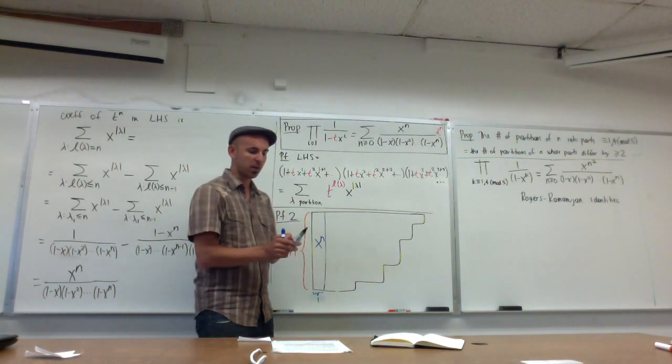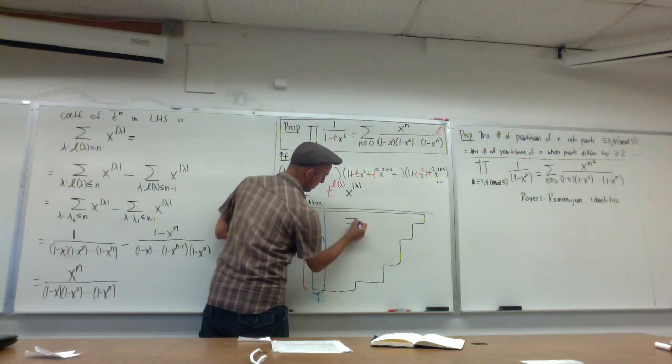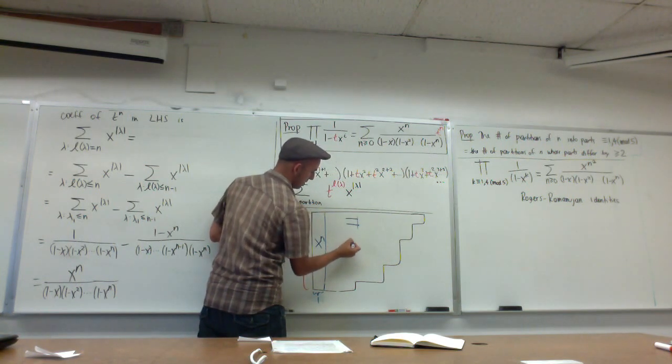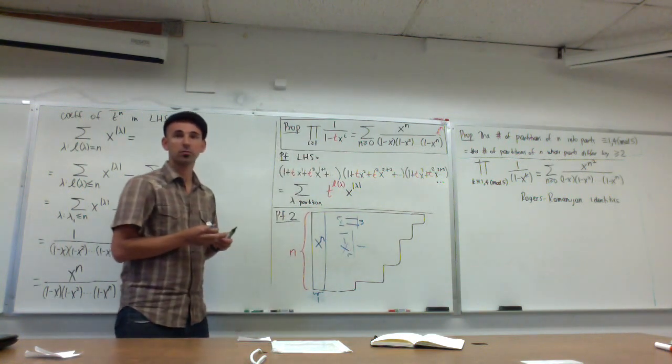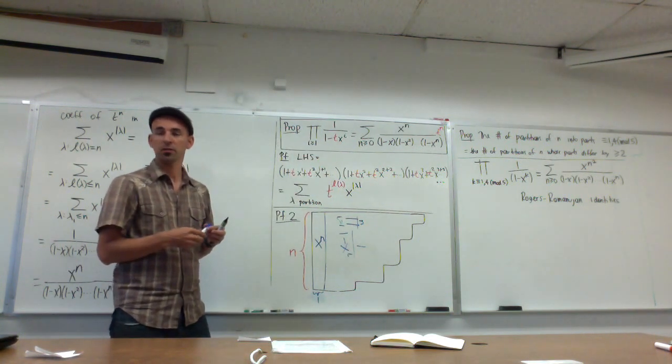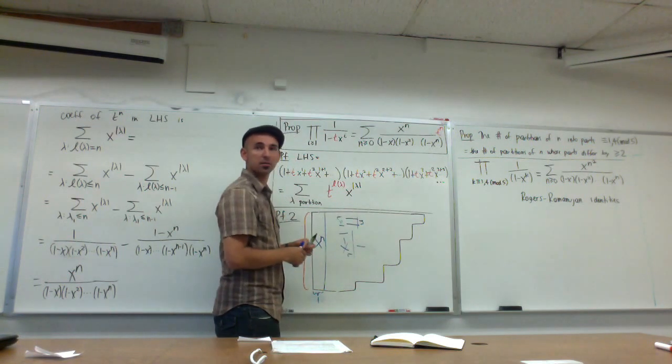And what are those given by? We know that those are given by the product from i equals 1 to n of 1 over 1 minus x to the i. That's the generating function for this kind of partition, the ones that have at most n parts.